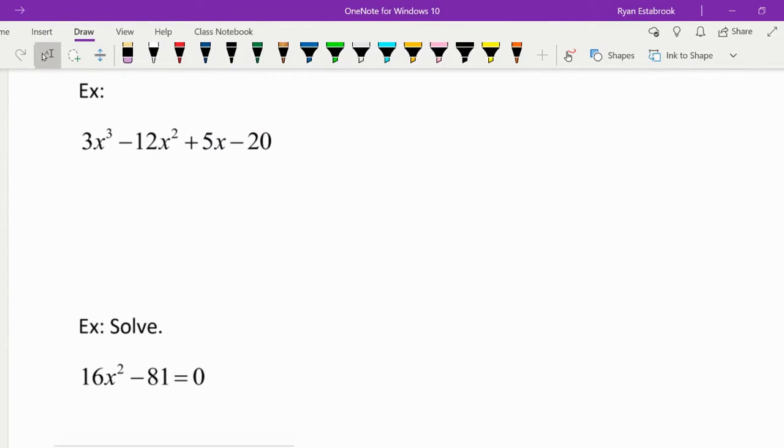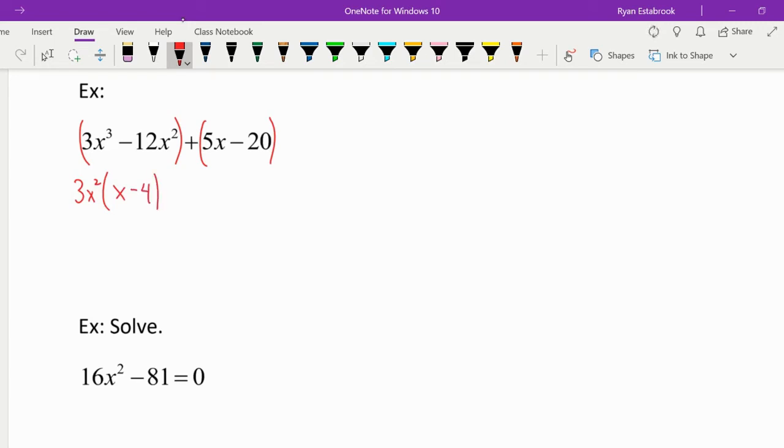The next one is another factoring that I'm going to use grouping on. It is set up for grouping because it's a polynomial, and it's a cubic: x cubed, x squared, x, and then the constant. So we're going to try to see if we can group it like this. There's no GCF that goes into all four terms. Instead, I'm going to look for a GCF in these first two, and I notice that 3x squared goes into both of them.